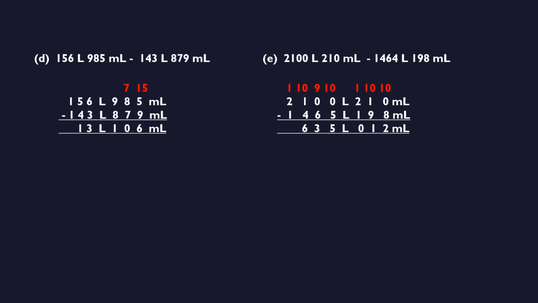And now the number at ones part will become 10 and the number at tens part will become 9 from the liter side. Now 10 minus 5 is 5, 9 minus 6 is 3 and the number at hundreds will be 0 again. Then it will also borrow 1 from 1000 place, so it will become 10. 10 minus 4 is 6. So total answer is 635 liters, 12 milliliters.